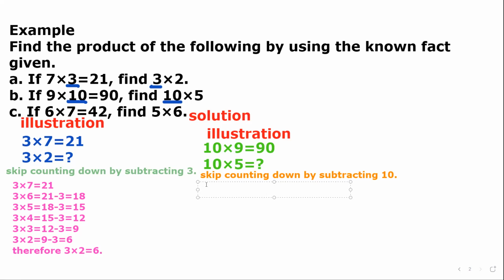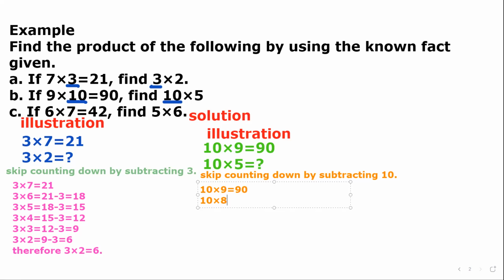Now we have 10 times 9 is equal to 90. Then 10 times, this time you do not write 5, okay? Because you are descending, you move to the immediate number, that is 8 here.